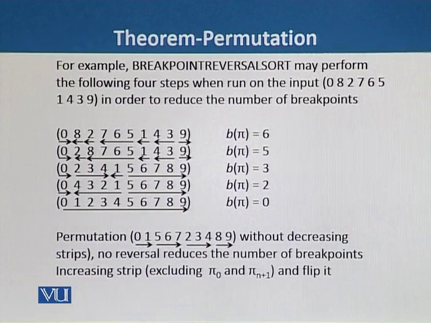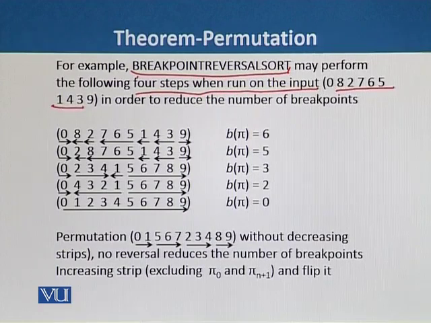So now we will see again the example of the breakpoint reversal sort algorithm, and it may perform the following 4 steps when run on the input these values in order to reduce the number of breakpoints. So when we reduce the number of breakpoints, it means we are arranging the elements in the ascending order. So here we can see in the original form these elements have b pi.